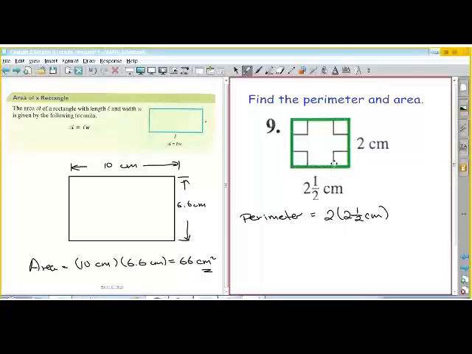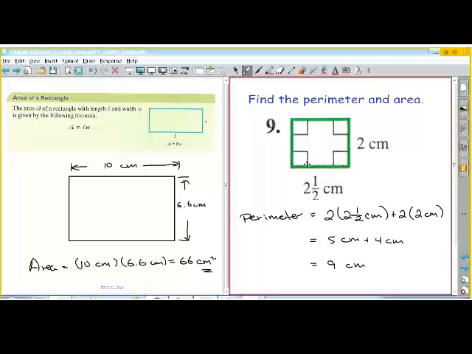The length doesn't have to be longer than the width, but it is in this case. Okay, so that's these two distances, and then we have 2 times the other distance, which is 2 centimeters. So 2.5 times 2 is 5, and then 2 times 2 is 4. So the answer is 9 centimeters.